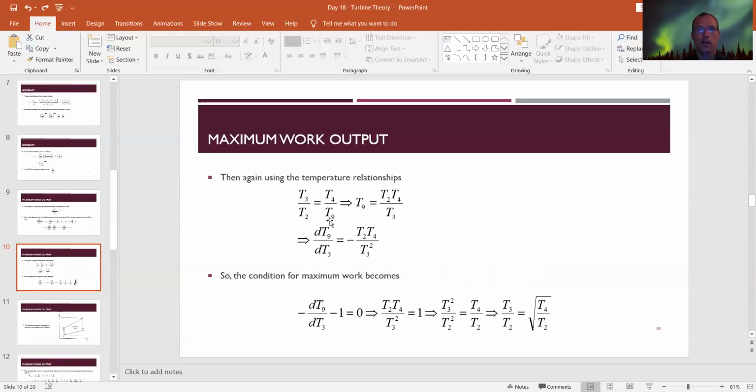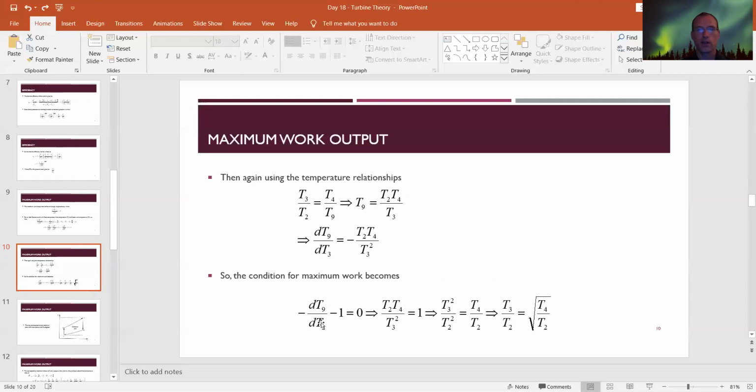Temperature 9 depends on temperature 3 because of the temperature relationship that we derived a few minutes ago: T3 over T2 is T4 over T9. Solving that for T9 gives me T2 T4 divided by T3. Now we can take the derivative of that with respect to T3 and get negative T2 T4, the constants, divided by T3 squared. I can plug this into my maximum work condition, minus dT9/dT3 minus 1 equals 0.